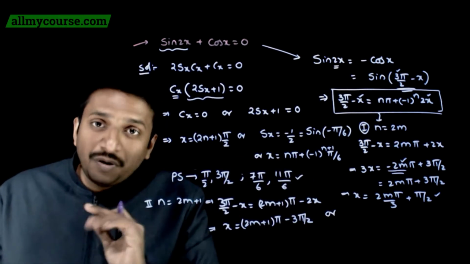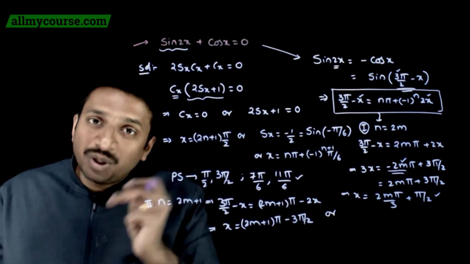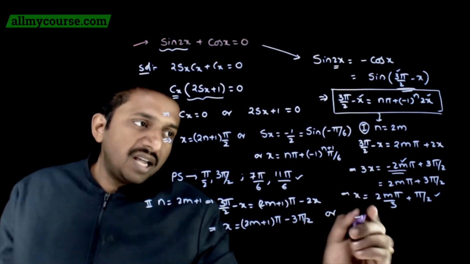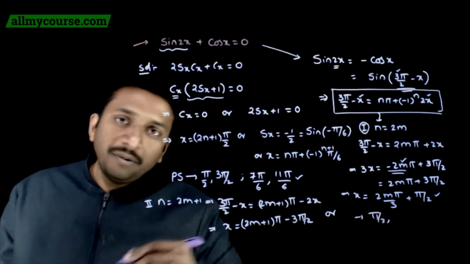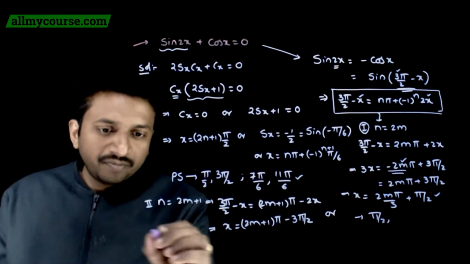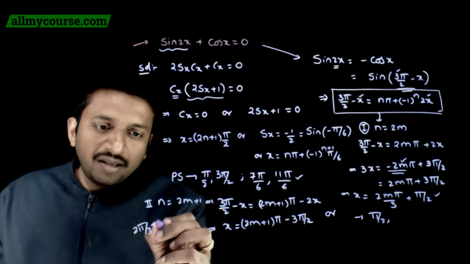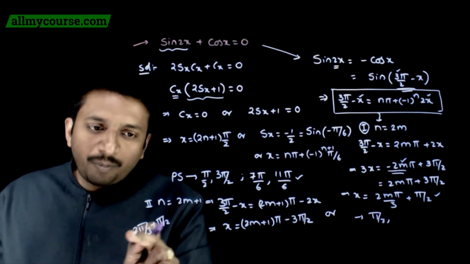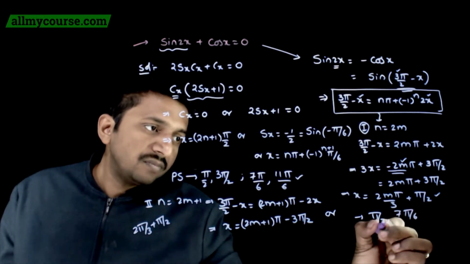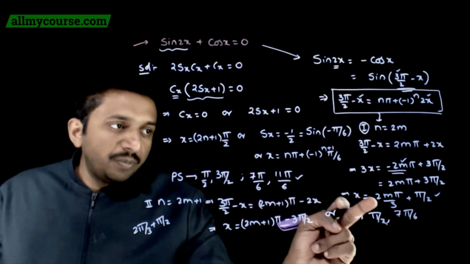Let us find the principal solutions. Let us see whether we are getting the same positions or not. So what are the principal solutions for this? Put m is equal to 0, you're getting pi by 2. Put m is equal to 1, you are getting 2 pi by 3 plus pi by 2, that is 4 pi plus 3 pi, 7 pi by 6.